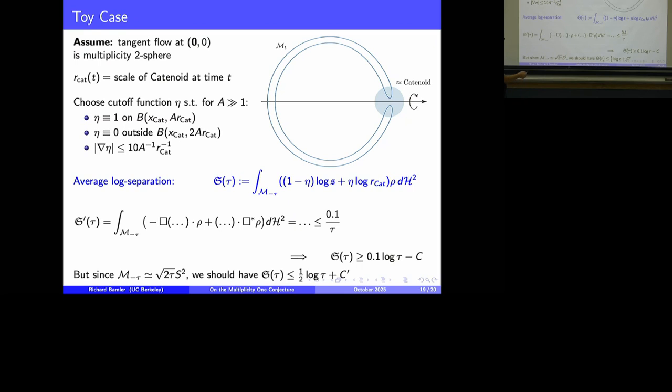The important thing is that it has to be comparable to the separation function in this transition region. Okay, but what I mean is that your estimate at the end doesn't involve the catenoid scale. Oh yeah, we also know that the time derivative of the catenoid scale is bounded by epsilon times 1 over the catenoid scale, because if you see something that looks like a catenoid, then at a local scale, it will just very slowly move. So that's something we do need. We have to be a bit careful in choosing that. But that's a good question.